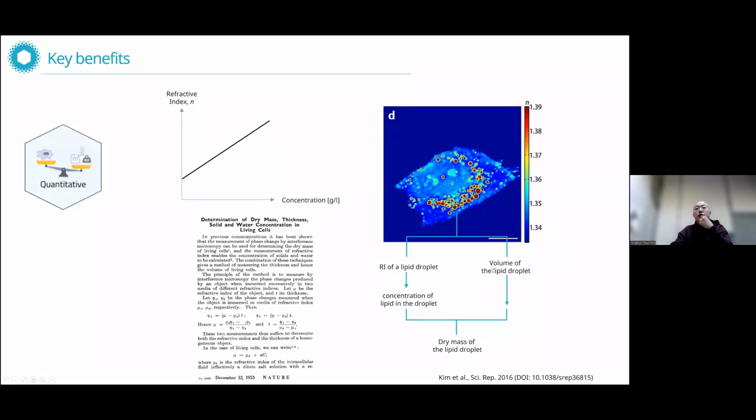If you multiply those two values, you can calculate the dry mass of the individual lipid droplet. You can also apply this to other subcellular organelles. So you can measure the mass of the nucleoli if you want. You can just measure the dry mass of the bacteria or the cell without sacrificing this individual cell. You can just measure and monitor.